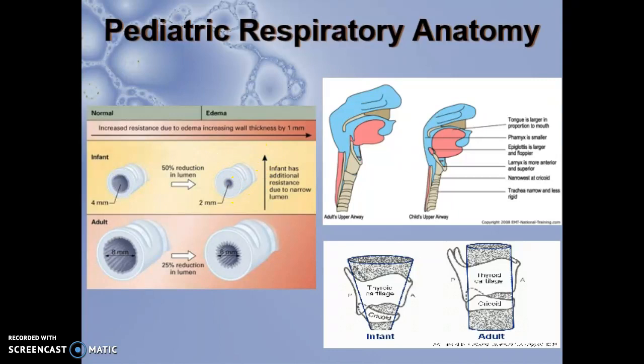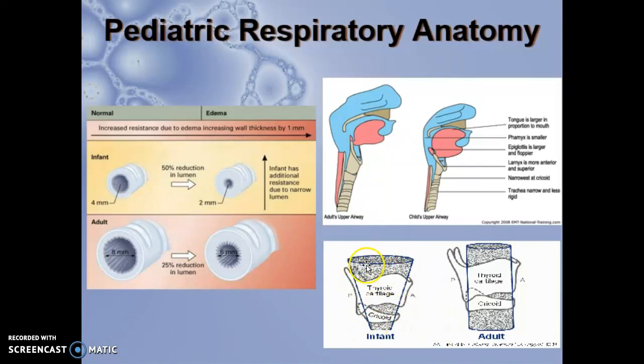Also, if you notice the larynx of an infant versus an adult, the infant's larynx is more difficult to assess, it's harder to perform bronchoscopies, and there are increased risks of complications, for example, increased risk of choking, because of the cone shape.